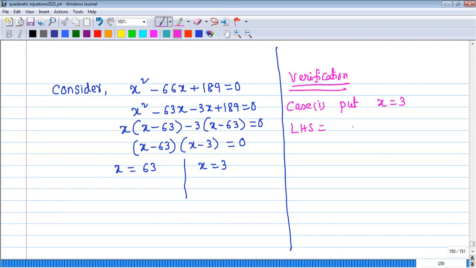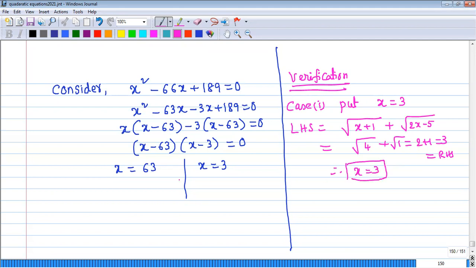That is root of x plus 1 plus root of 2x minus 5. Substituting, this is root of 4 plus root of 1, that is 2 plus 1, 3. Yes, this is the right hand side. So x is equal to 3 satisfies. x is equal to 3 is the solution.